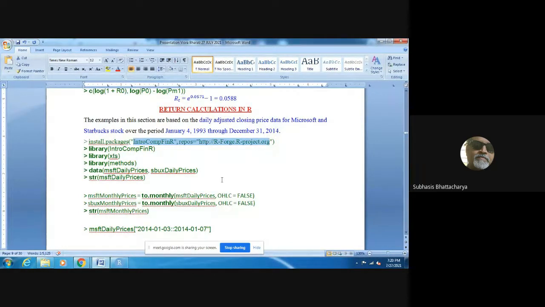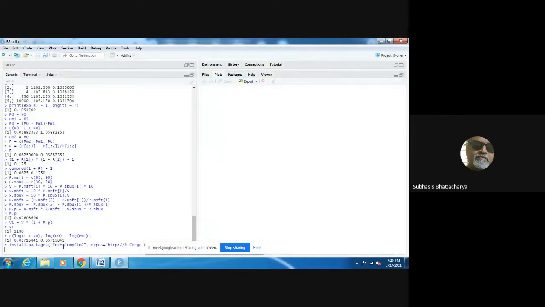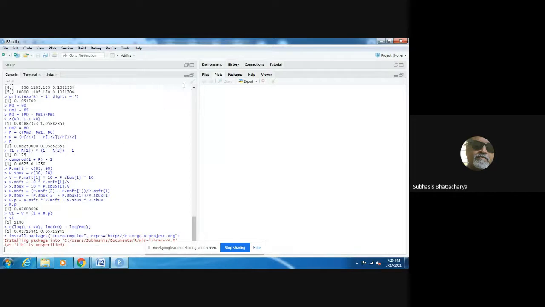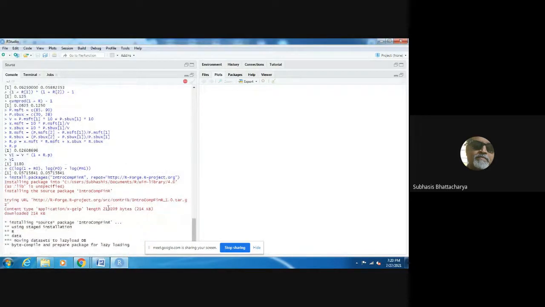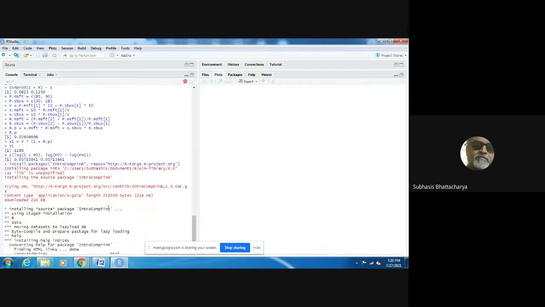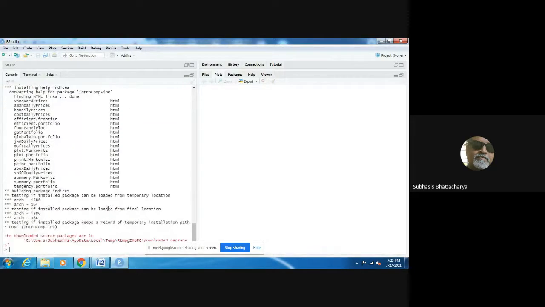I put this here, and the package is installing. Look, there is some red text, which means the package is being installed. Once you have installed a package, you then go to the library.